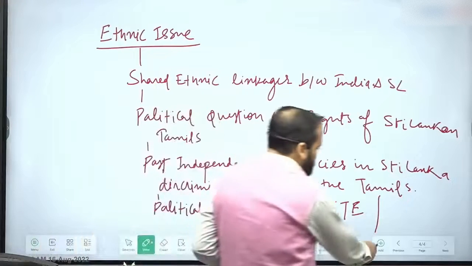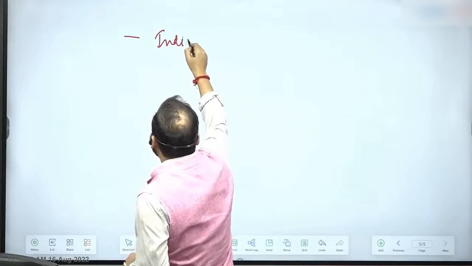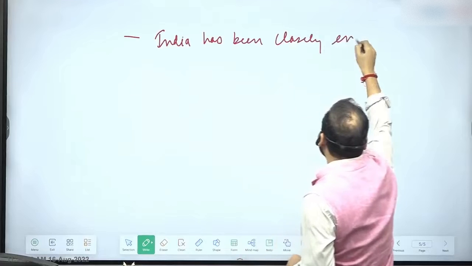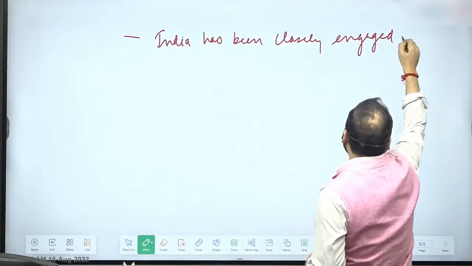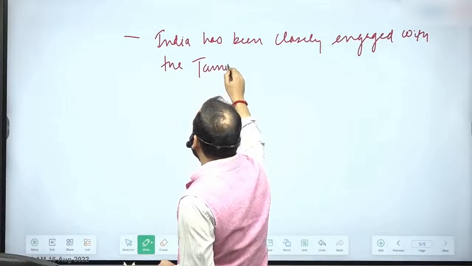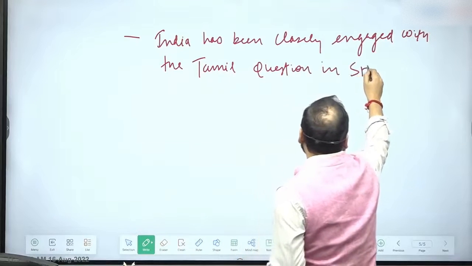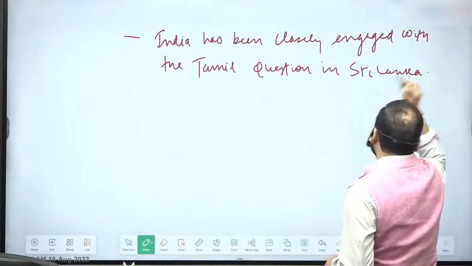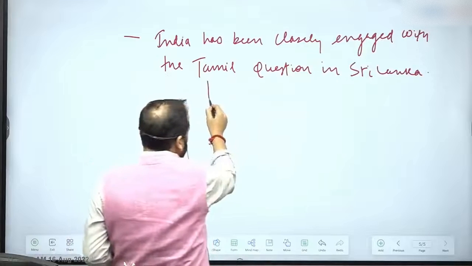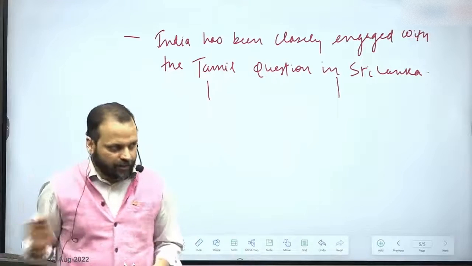So thereby what we see is that India has been closely engaged with the Tamil question in Sri Lanka, right? And that has resulted in certain ways of dealing with the issue.